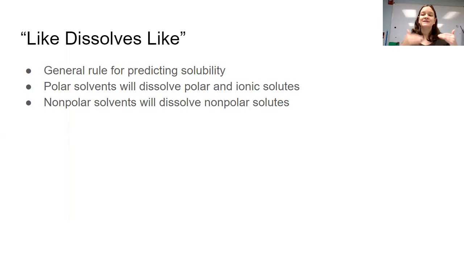Remember, polar means that some element in the molecule is pulling on the electrons more and some element is pulling on them less, so you create regions of charge within the molecule. Ionic compounds break apart into their ions, so you have these charged particles. Anything that's charged will dissolve in a polar solvent.